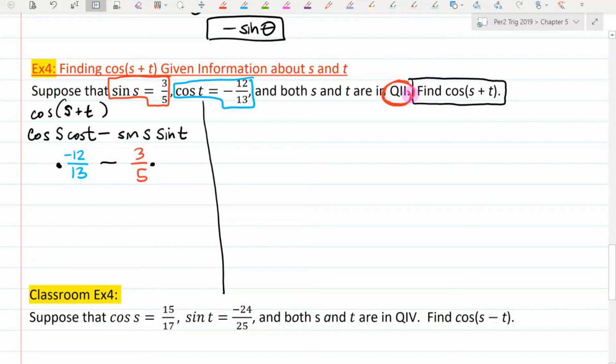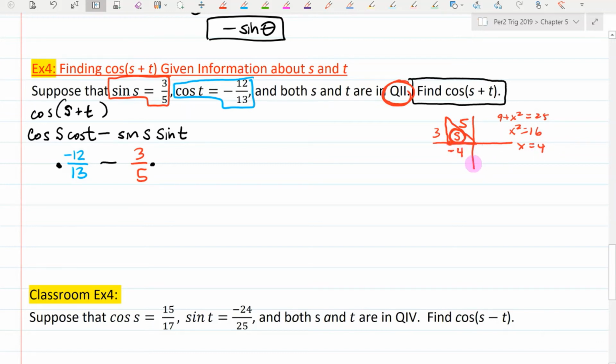And if they're both in quadrant 2, that means that angle S, I want you to label one of them S, and sine is 3/5. So if I do the Pythagorean theorem here, that becomes -4, right? So 9 plus x squared equals 25, x squared equals 16, x equals 4, but it's negative because it's going to the left. Okay? That means that for S, cosine is -4/5.